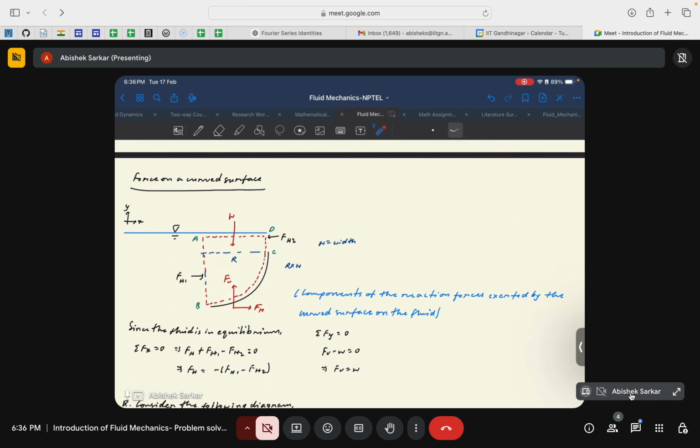So the second important topic that we wanted to cover is the force on curved surfaces. Again, we'll use a similar idea that a surface that is submerged in a liquid will have net forces acting upon it.